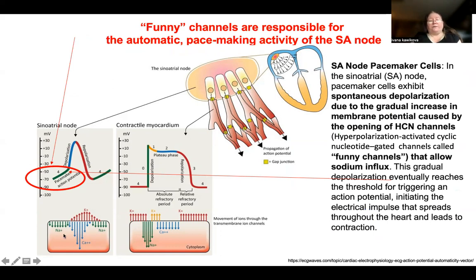The answer is in having the conducting system that starts with the sinoatrial node. And this conducting system in the heart has so-called funny channels. More scientifically, these are HCN channels, or hyperpolarization-activated cyclic nucleotide-gated channels.